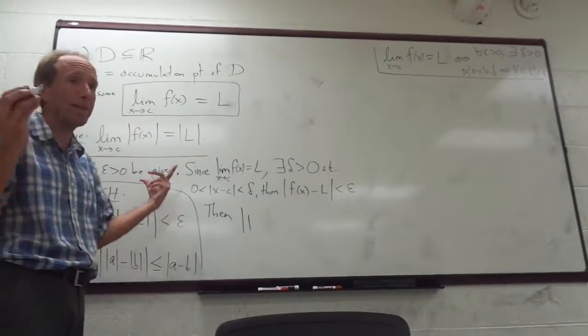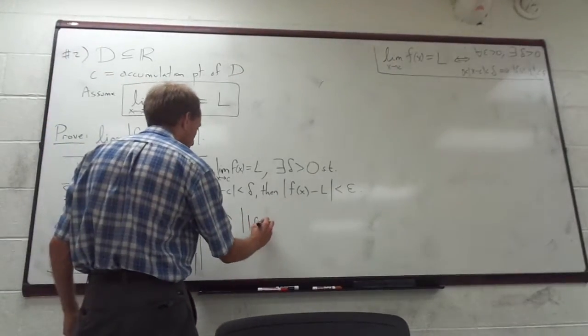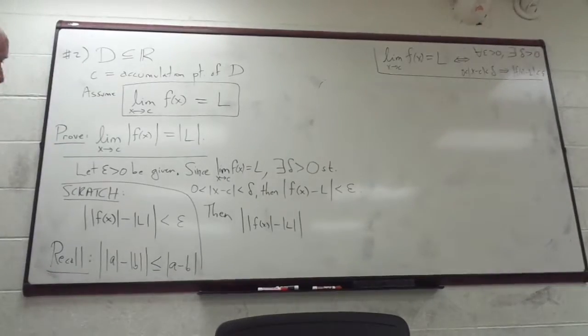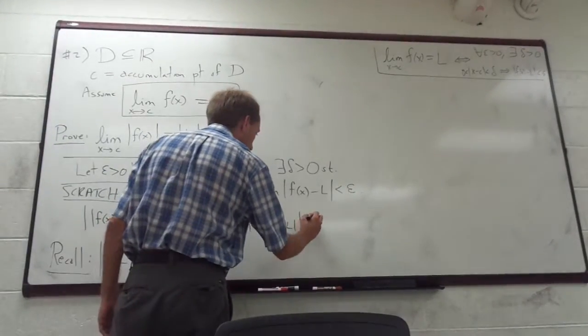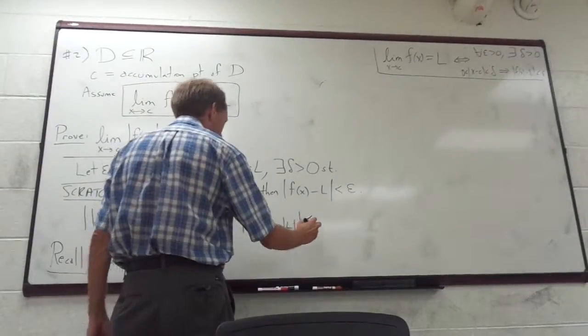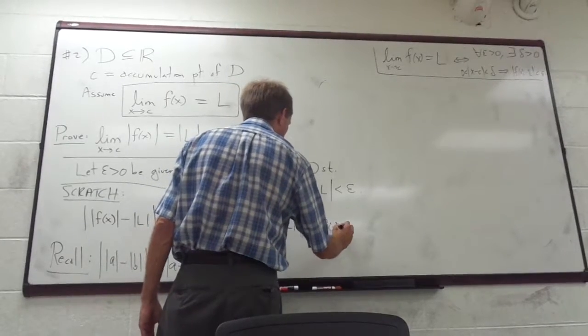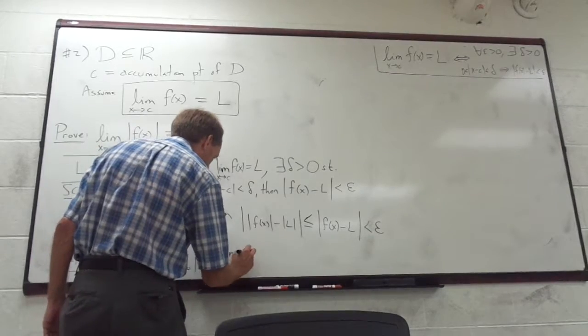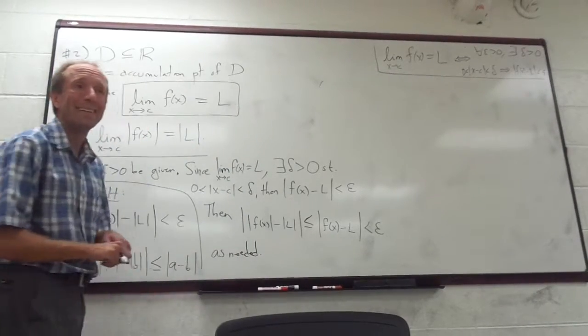I don't have to change my delta at all. I just put in the absolute value of absolute f of x minus absolute L. That's already less than or equal to the absolute value of f of x minus L, which is less than epsilon, as needed. So the same delta works.